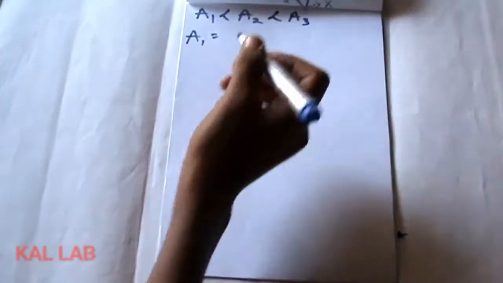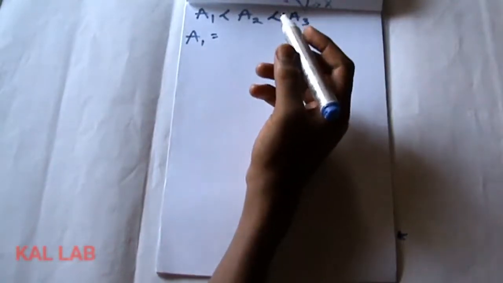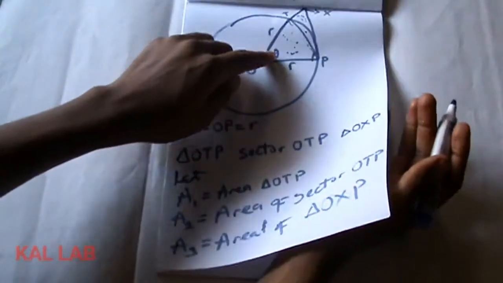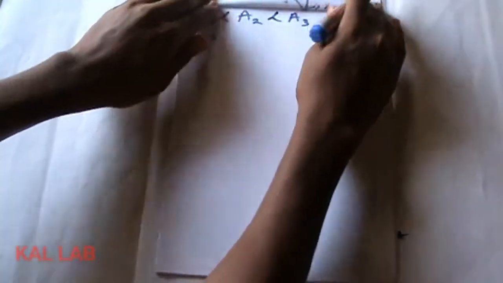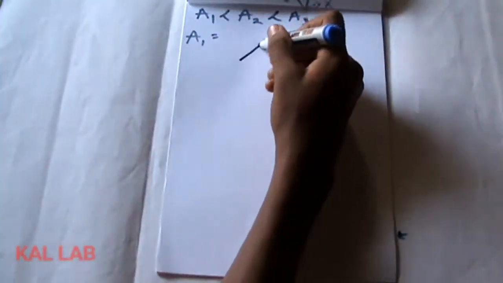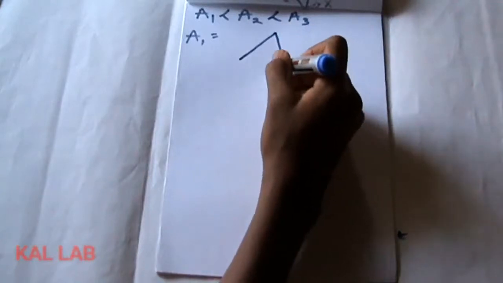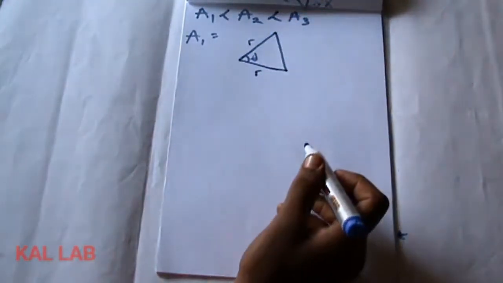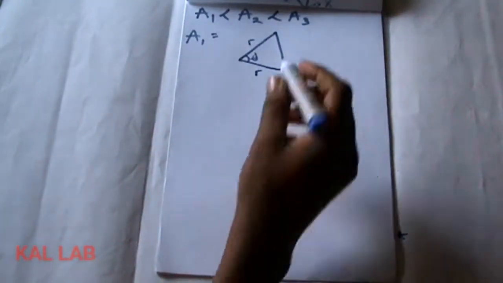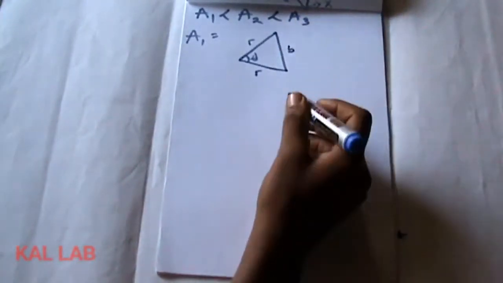So A1 is the area of this triangle. Let's bring out the triangle and see what we have. It looks something like this: theta, R, and R, and let's take this to be our base.